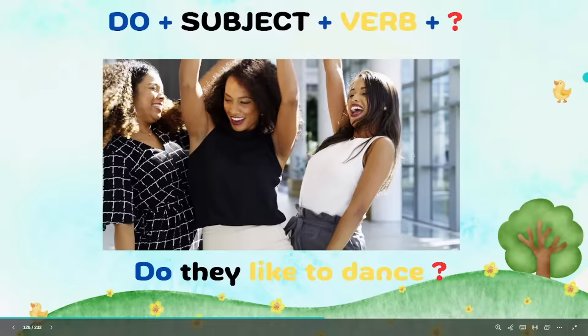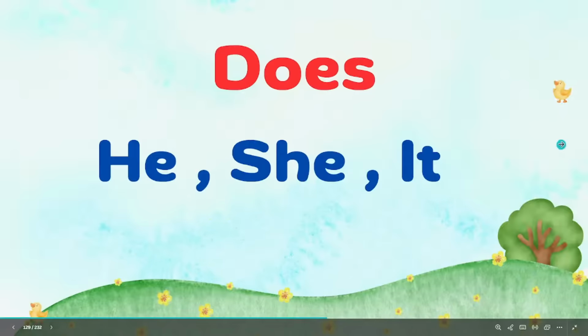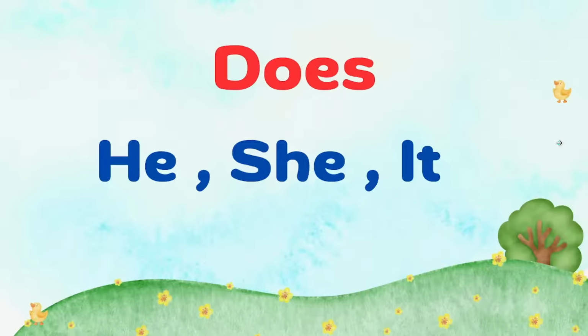Alright. So, next. For does, you will use this one always with he, she, and it, the subject pronouns. Again, for the he, it's for the male, man, boy.